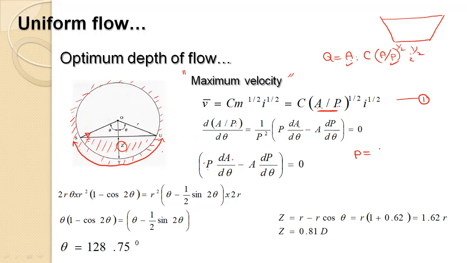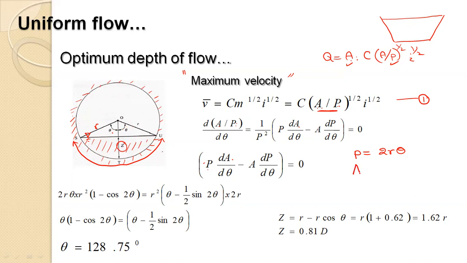Can someone guide me? Very simple: arc length. If this is R and this is theta, the arc length would be R theta. You have two sides, so this would become 2R theta. So the wetted perimeter for this case is 2R theta.